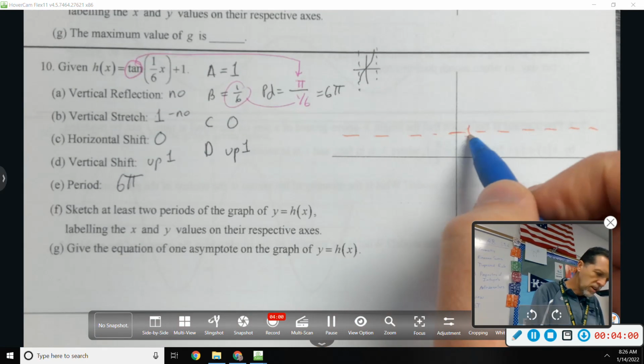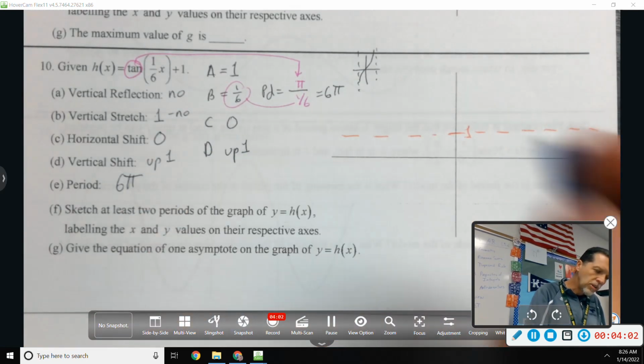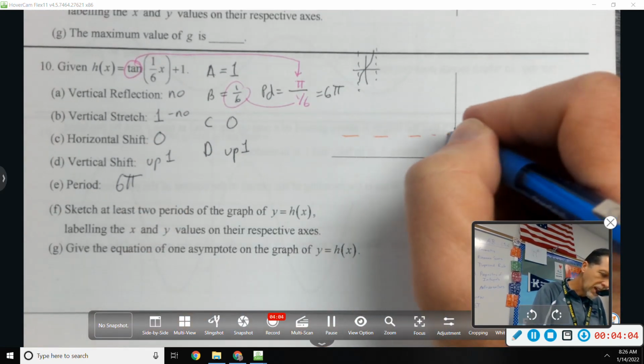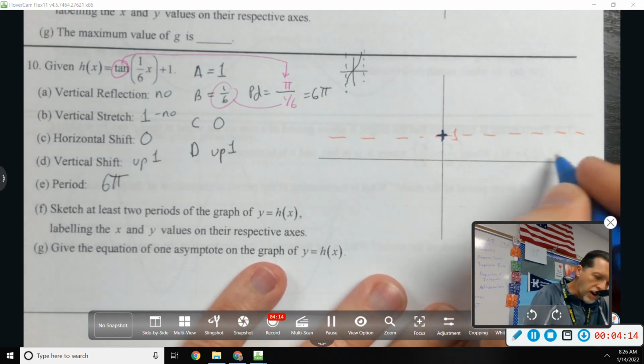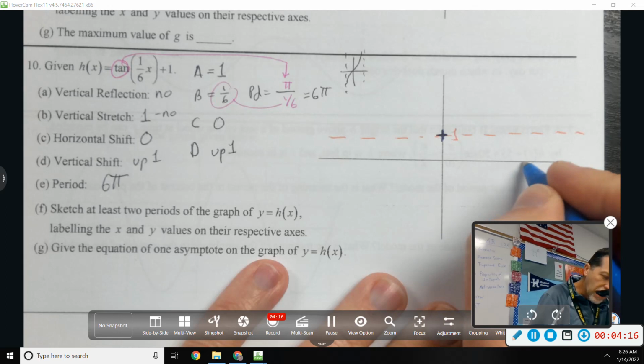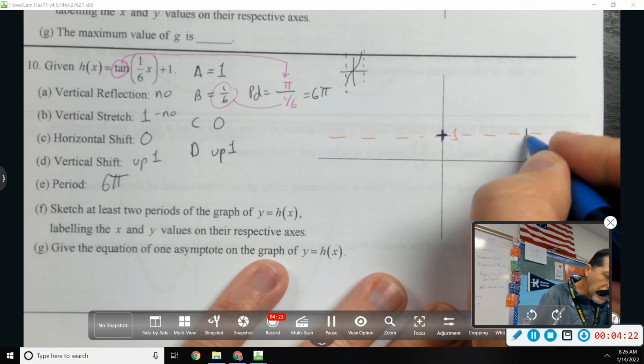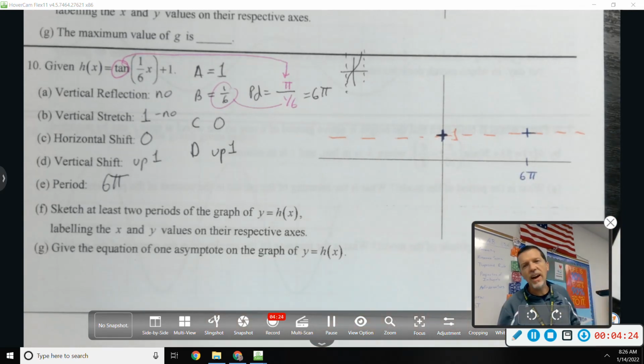Up 1, 0 left or right, so that means my new origin is right there, just up 1. I need to go 6 pi away. I can pick where I put that 6 pi. Right over there. That will be another new origin.